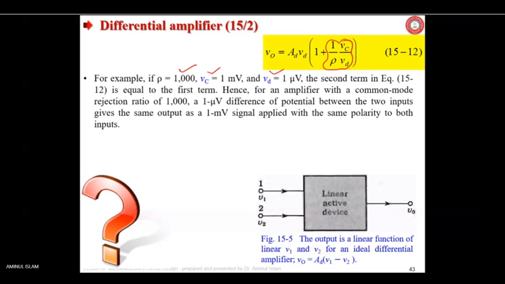Hence, for an amplifier with a common mode rejection ratio of 1000, a 1 microvolt difference of potential between the two inputs gives the same output as a 1 millivolt signal applied with the same polarity to both inputs. That is common mode. Is it understood? Harsh, Tripathi and all? Yes, sir, understood.